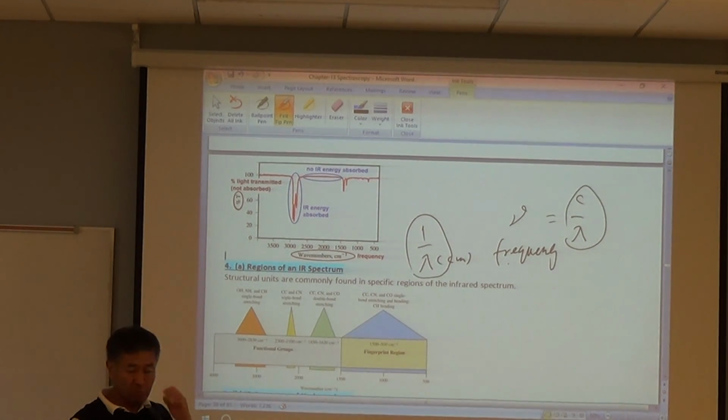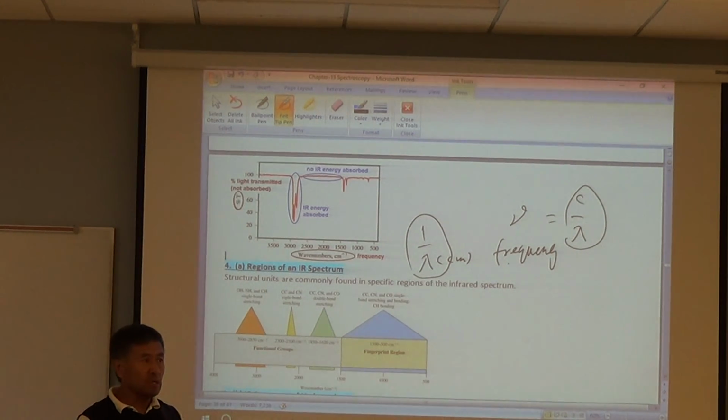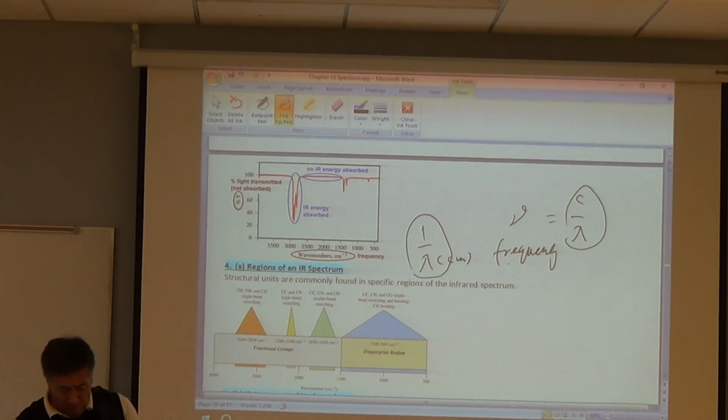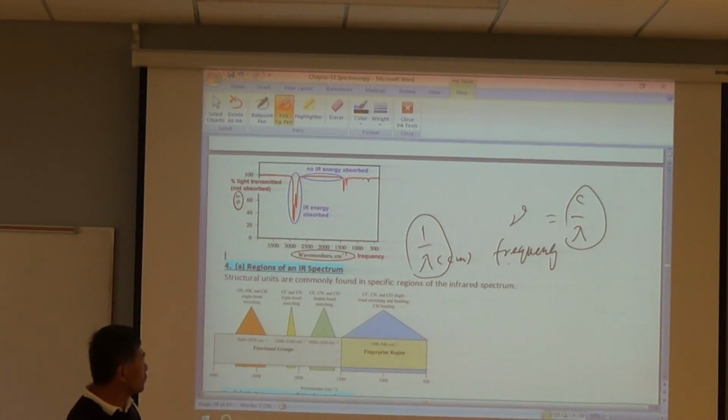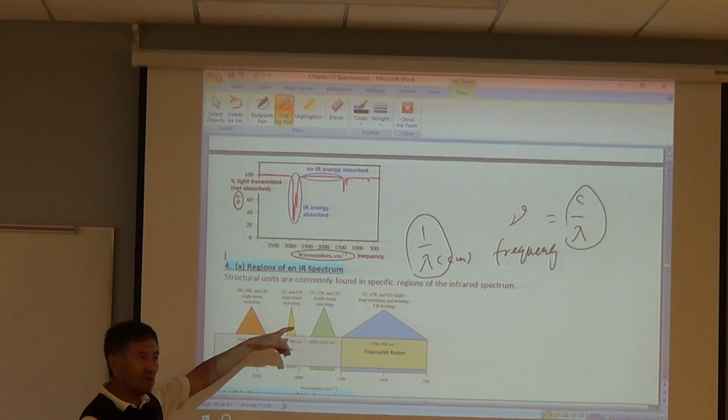For us, to understand, when you have a larger number on this side, it means your vibration is stronger. Stronger means either you have a stronger bond or you have less mass. So you will see hydrogen at about 3,000 or so, the OH and CH bonds.